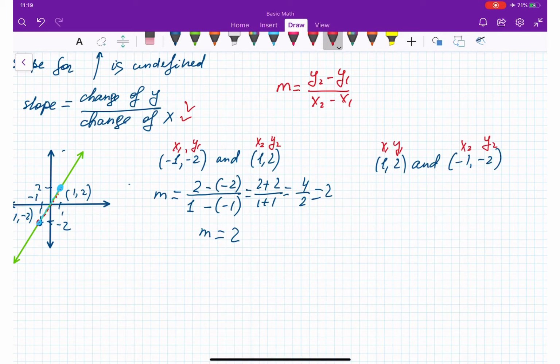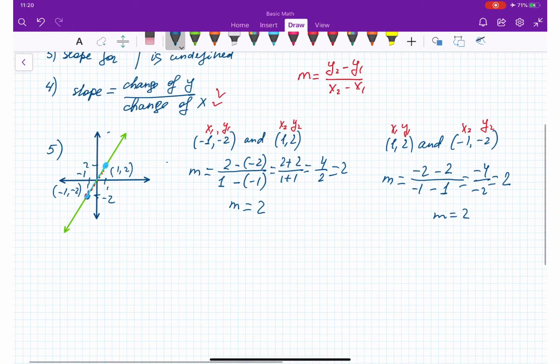All right, m is equal to y2 is -2 minus y1 is 2, over x2 is -1 minus x1 is 1. We get -4 over -2. We still get +2. See? Okay. So next time I will just pick one case and not do both of them, but you will know that it doesn't matter which one you take. You will get the right answer.